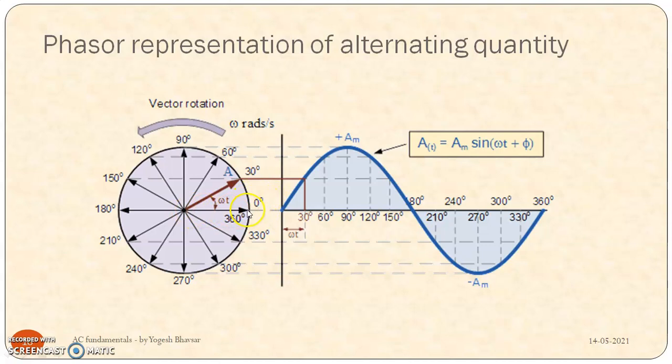So this is the phasor for the origin. Now this waveform is moved 30 degree. This is the position 30 degree. We have plotted a straight line here. So this is the phasor for 30 degree, and this length will represent its magnitude.